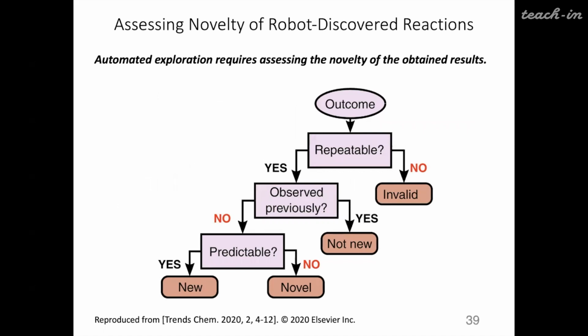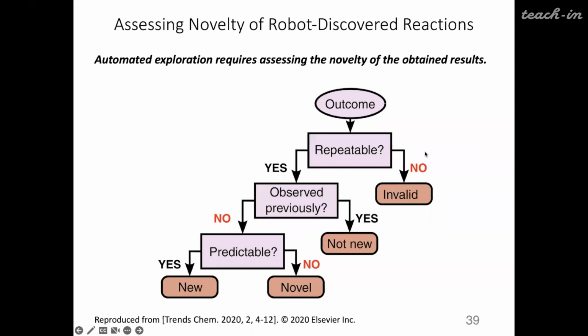And another important subtopic that we should discuss when discussing robot-assisted experimentation is the approach to assessing the novelty of the obtained results. So if we get some data on reactivity of some compounds, we should always ask if these results are repeatable.